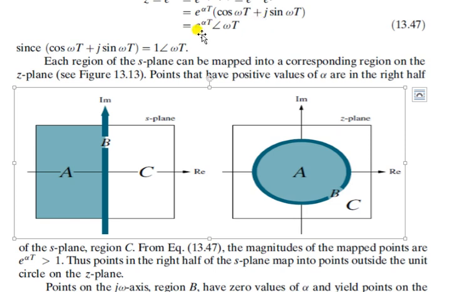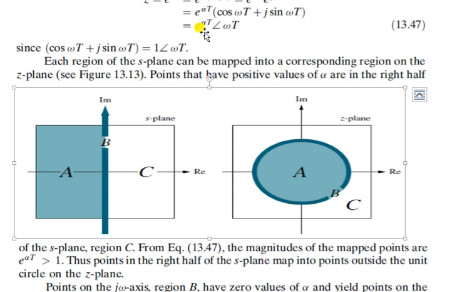So now by using this relation, in this e to the power alpha t, if you put value of alpha greater than 0, it means positive value of the alpha. So for the S plane, this positive value of alpha will be in this C portion. It means this alpha greater than 0 will be for the unstable system.